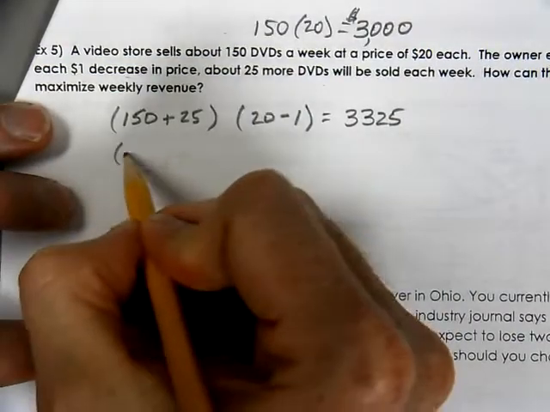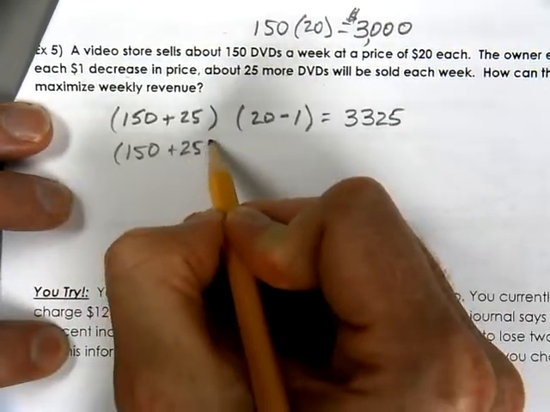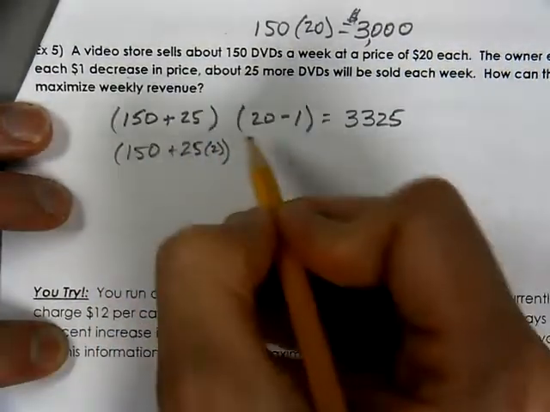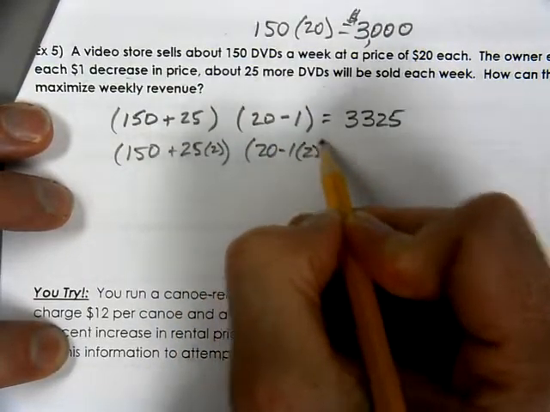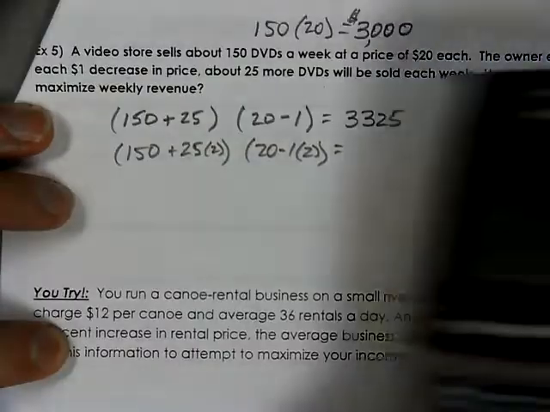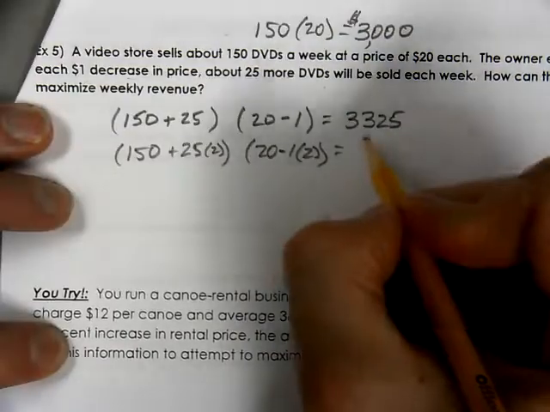Well, if he does it again, 25 two different times, and subtract $1 two different times, we're going to take 150 and we're going to add 25 twice, and we're going to take the 20 and we're going to subtract the $1 twice. We're making even more money.